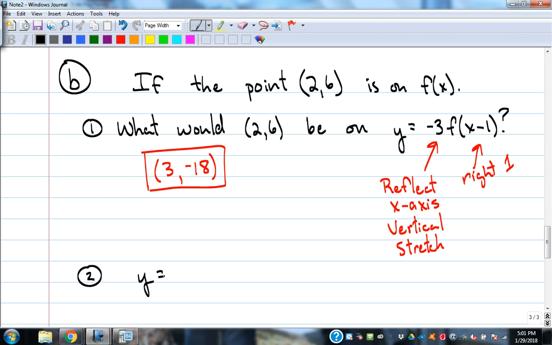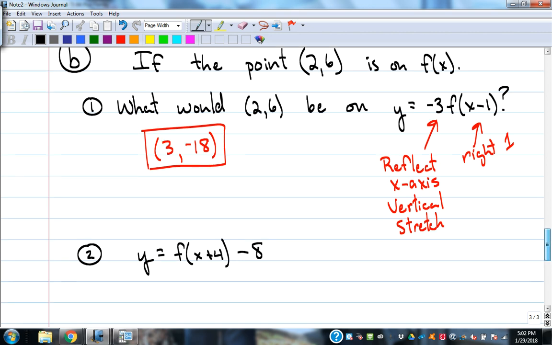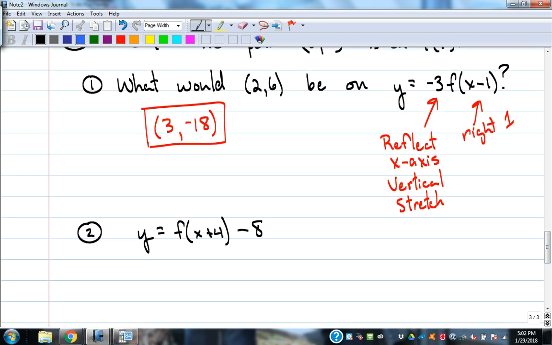What would that point (2, 6) turn into on y equals f of x plus 4 and then minus 8? So what does this tell us to do? Left 4, and the minus 8 tells us down 8. All right.